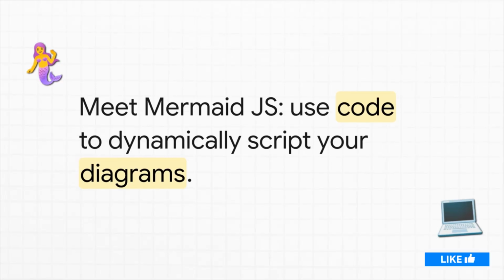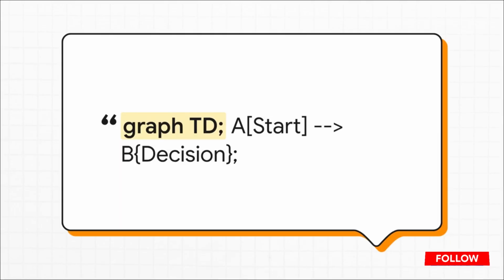But what if you don't even want to drag and drop shapes at all? Enter Mermaid.js. This is a completely different approach that's gaining massive popularity right now. Instead of manually trying to align rectangles and diamonds with your mouse, Mermaid allows you to literally script your diagrams using code. With Mermaid.js, you just type graph TD to say, hey, make this top-down.